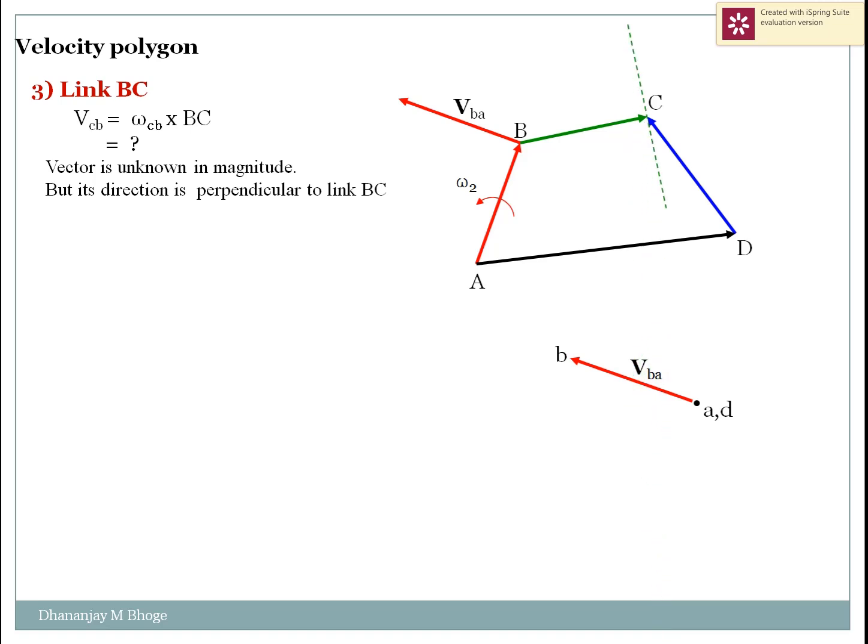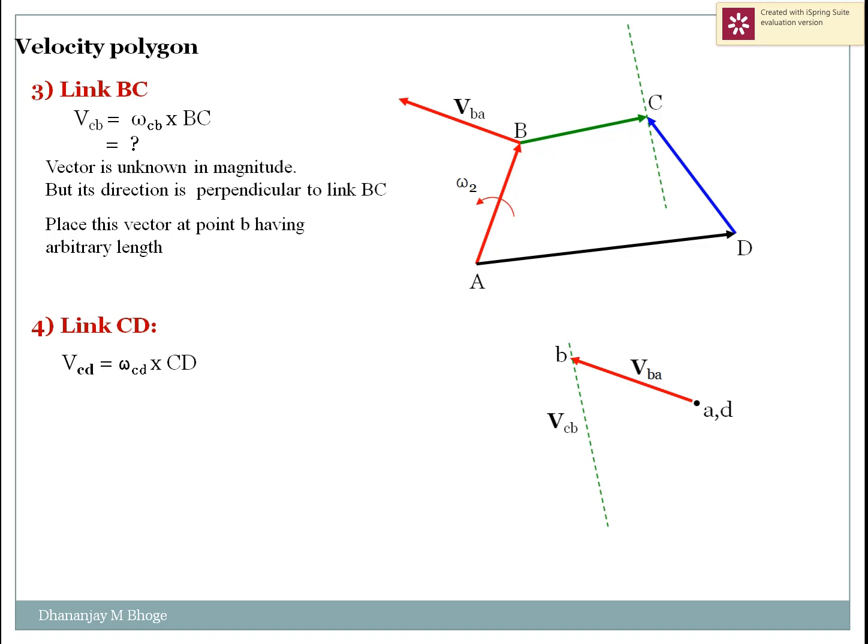And we also know that the vector representing VCB will pass through points B and C. Out of these 2 points, we have point B with us, so we'll make this vector pass through B. So this is the direction of vector VCB, which is passing through B and C. C is unknown, so we have point B. So we have drawn this line perpendicular to BC through point B in the polygon.